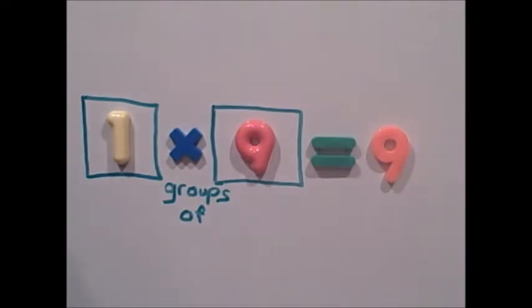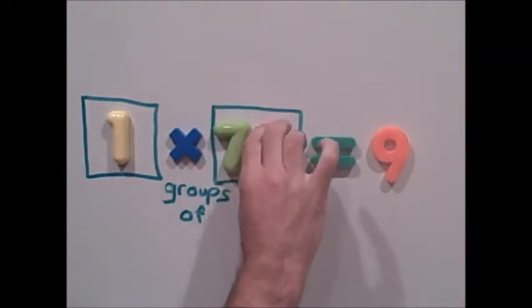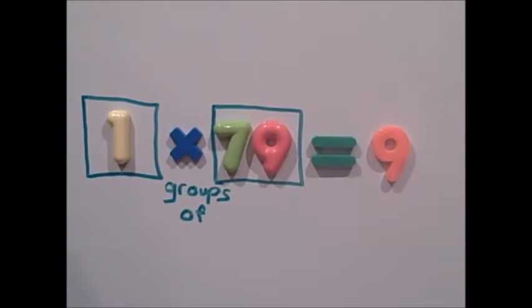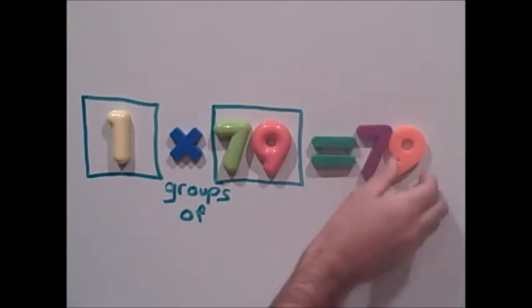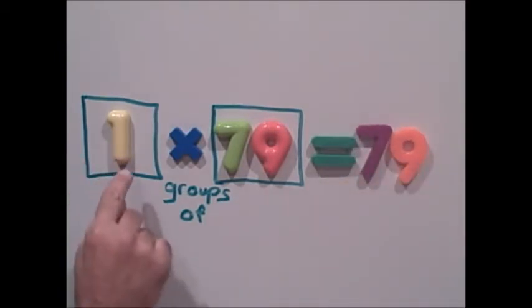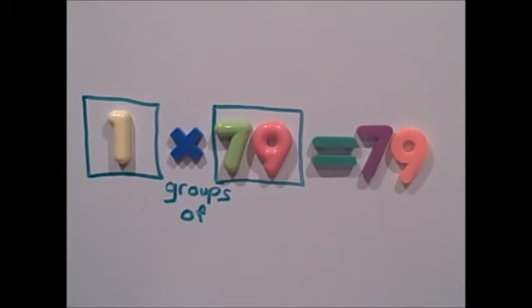Okay. If I did one group of 79, clearly the product would be 79 because I have one group and this is what's in it. Okay. And this is called the identity property of multiplication. And the identity property says that when you multiply any number by 1, the product is always that number.